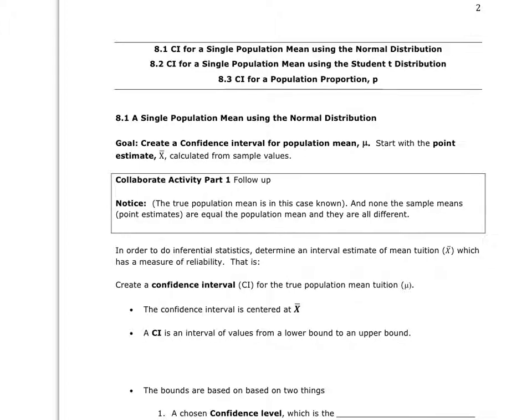Okay, so we want to do inferential statistics now. So we're taking those point estimates, those sample mean values, and we want to go through the process of adding some kind of probability, some kind of measure of reliability, so that we have confidence in our estimate.